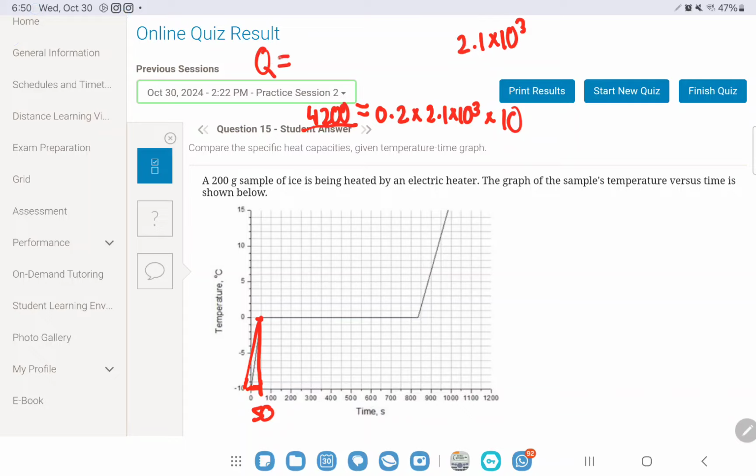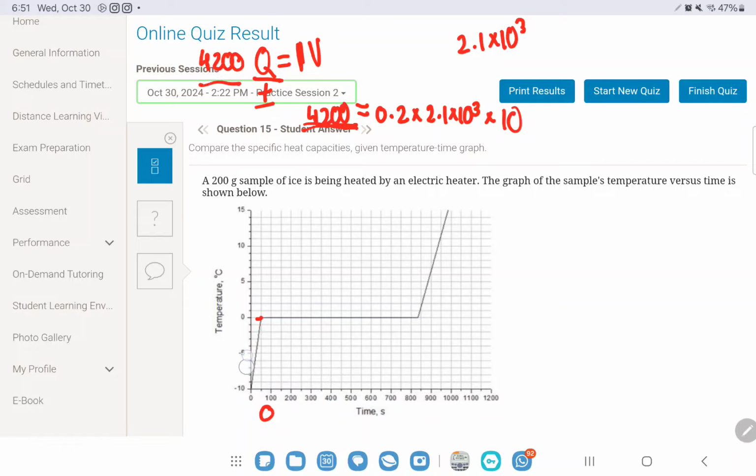So Q, we said that it's equal to I, V, T. Power equals IV, so power is also equal to Q over T. So Q over T is equal to IV. Right? So if we have our Q to be this, if we divide it by the T, we're going to get IV. Right? So Q is 4,200.